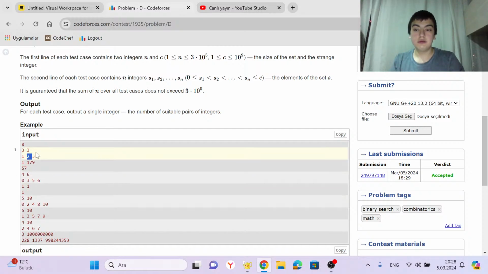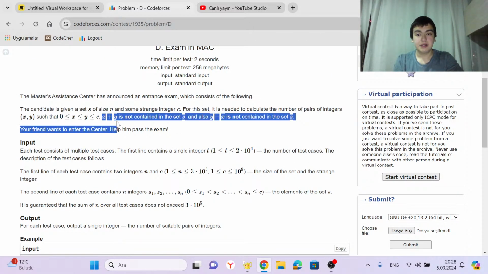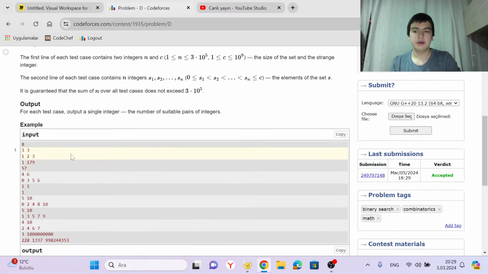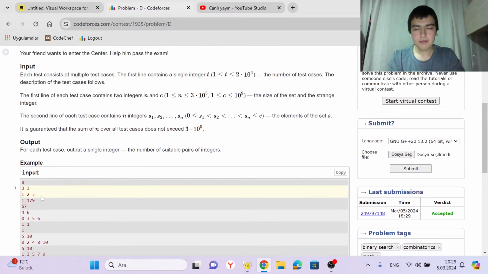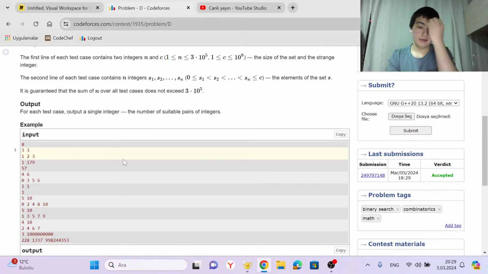We should look at this set when we are looking at x plus y and y minus x.